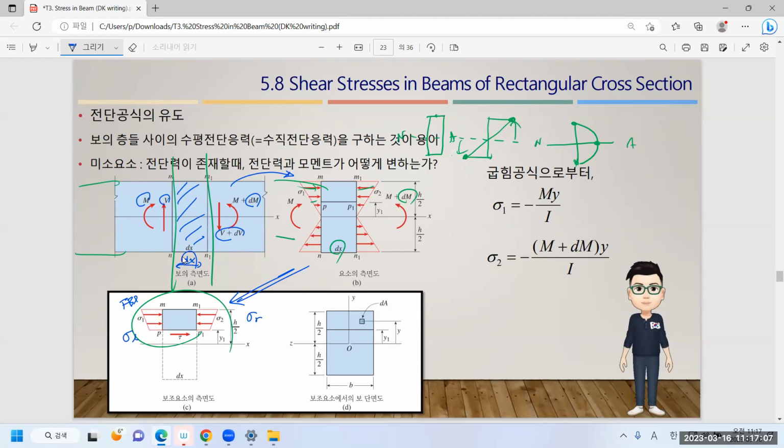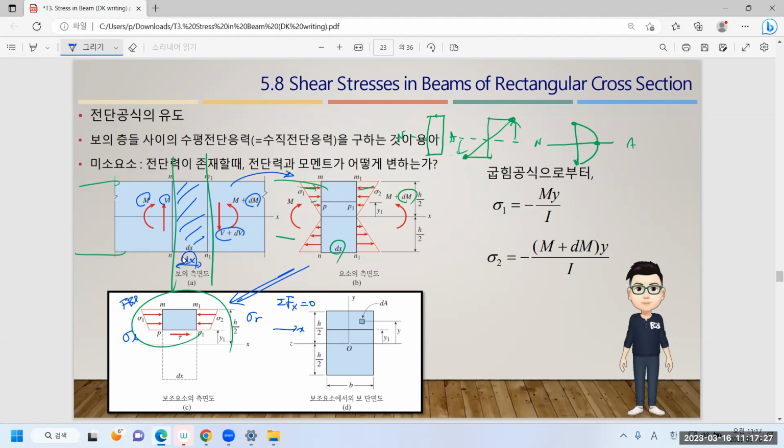We want to get the equilibrium condition, so the sum of forces in the x direction should be 0.